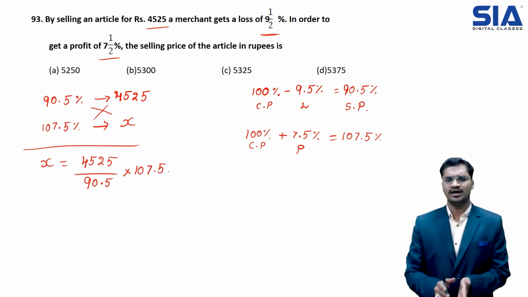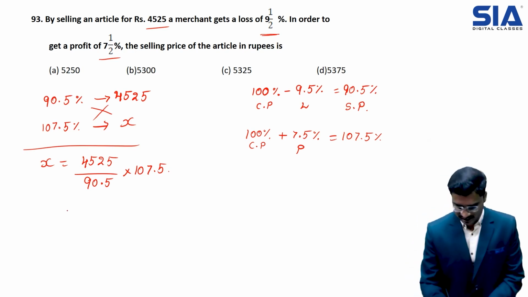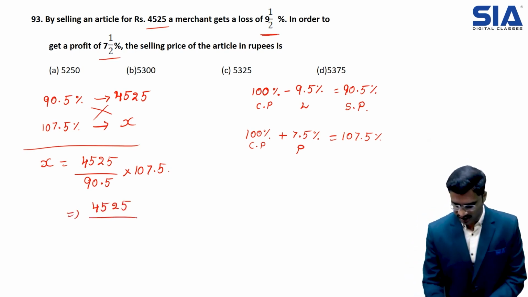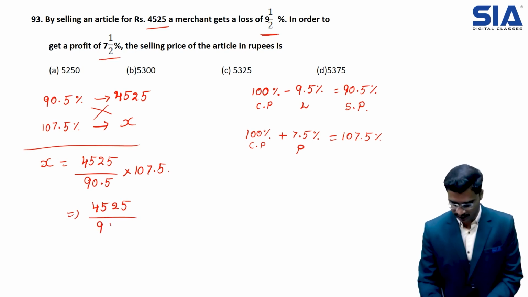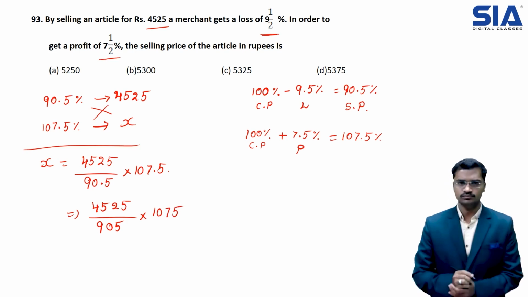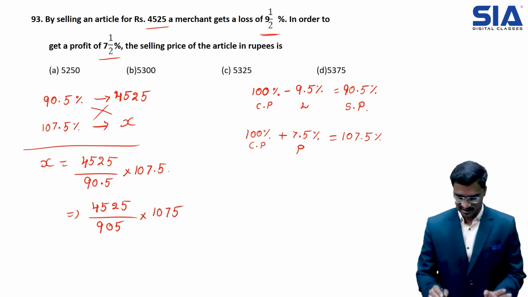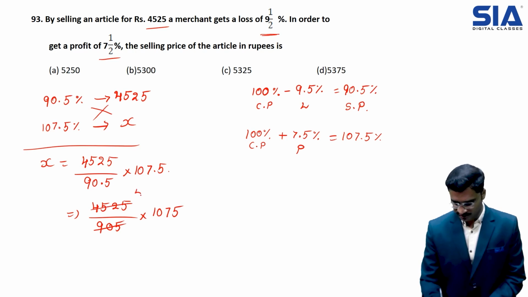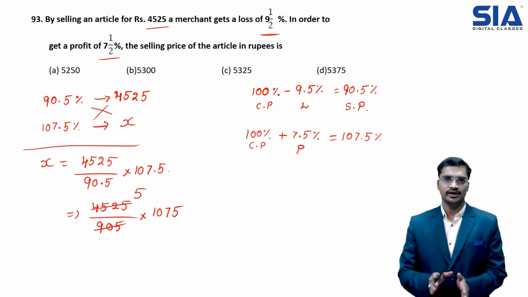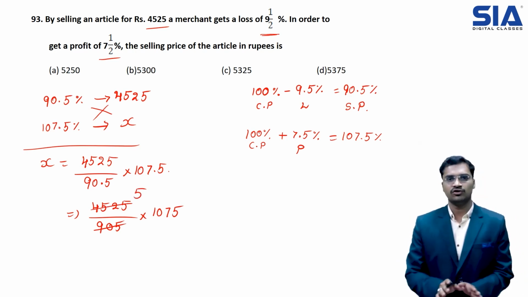So in the numerator and denominator there are 2 decimal points. Let us eliminate those decimals. Then our equation will become 4525 divided by 905 multiplied by 1075. So after close examination, I can say that 905 5 times is 4,525.